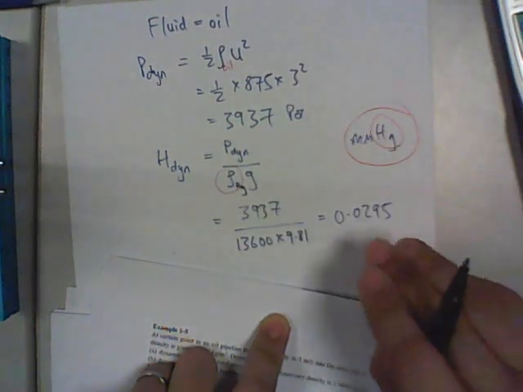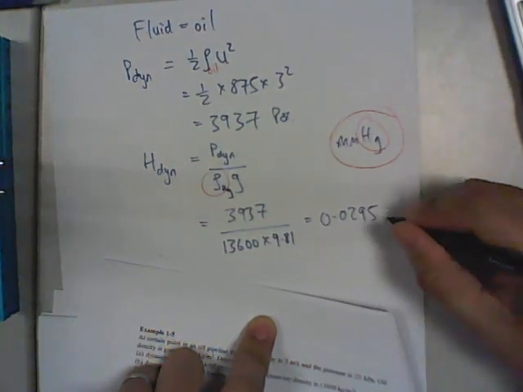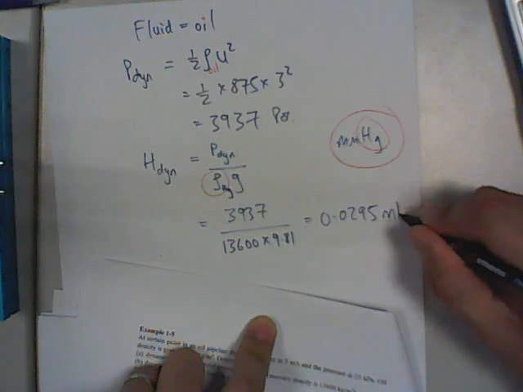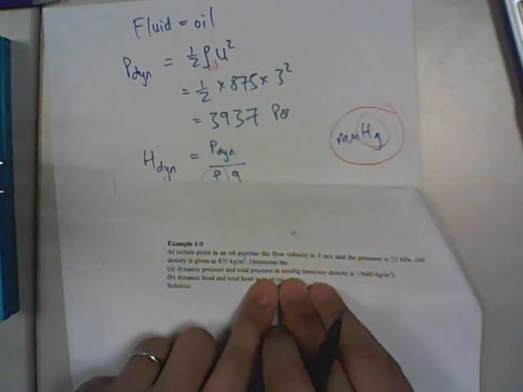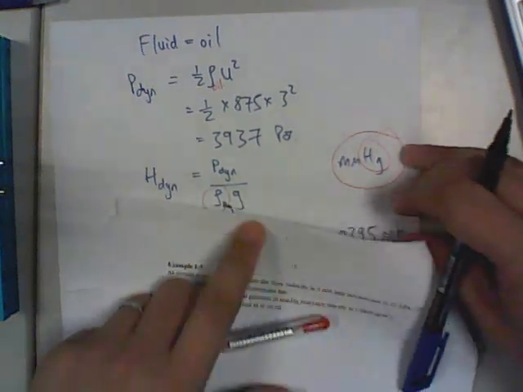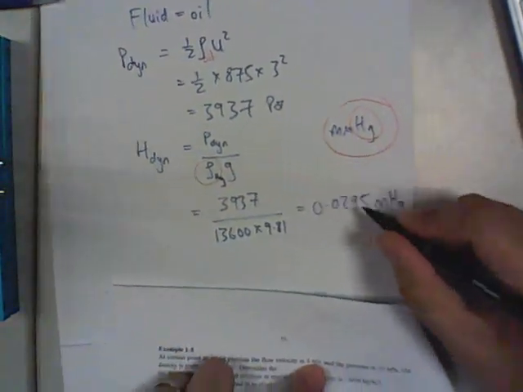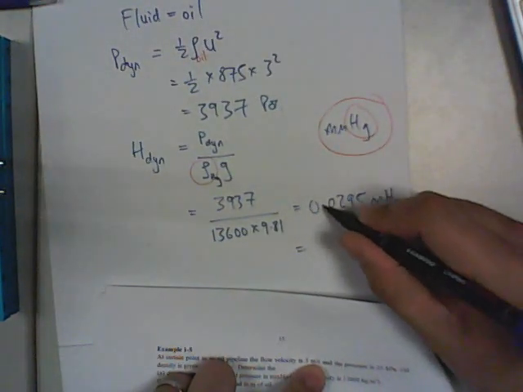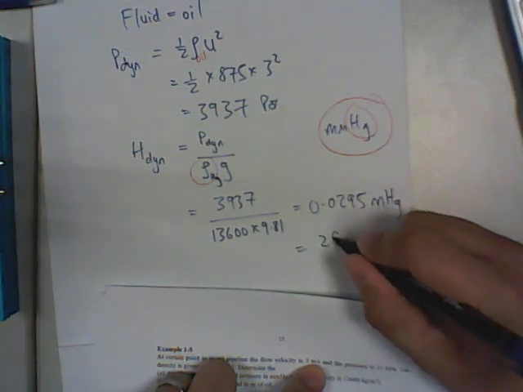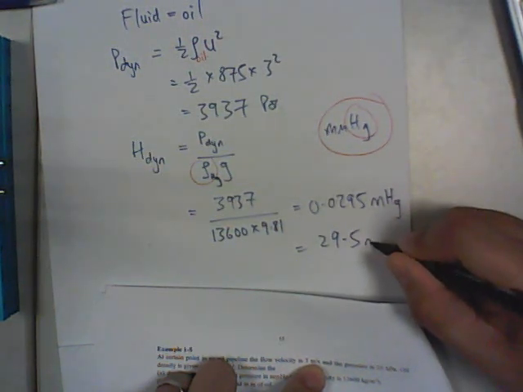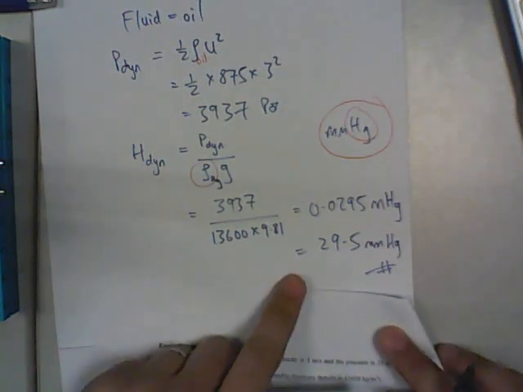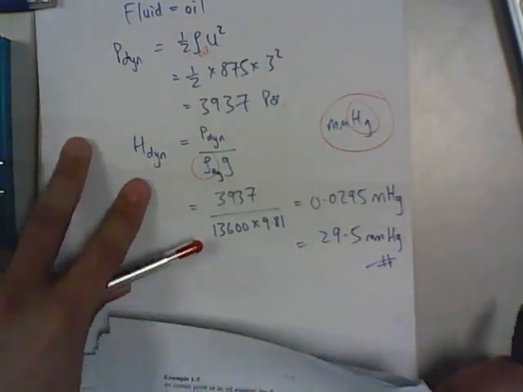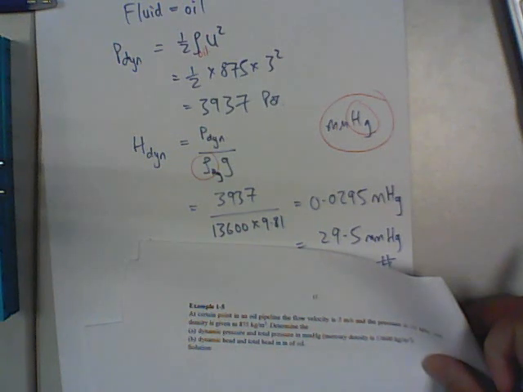These are all SI units, so eventually you're going to get an SI unit here, which is meters of mercury. But the question asks you to find millimeters of mercury, so you have to multiply by 1000 to get mm. You're going to get 29.5 mm of mercury, and this is the answer for dynamic pressure.